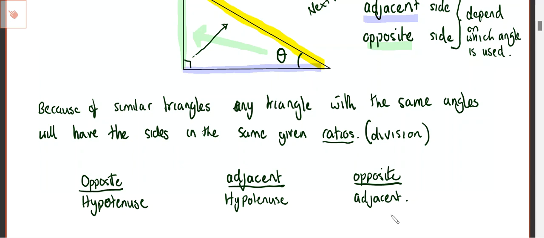They were given names. There it is. These ones. I will tell you the first one. The first one is sine of theta.